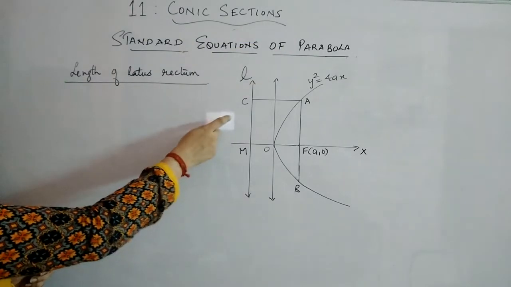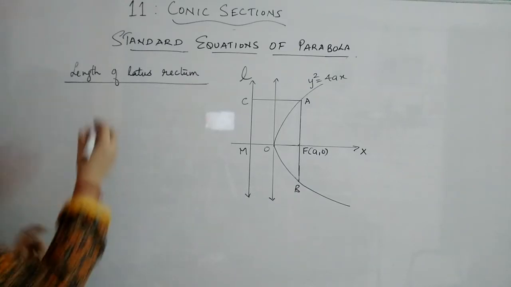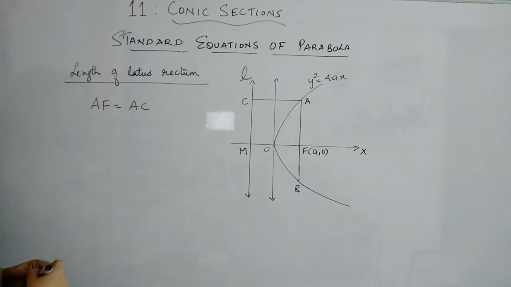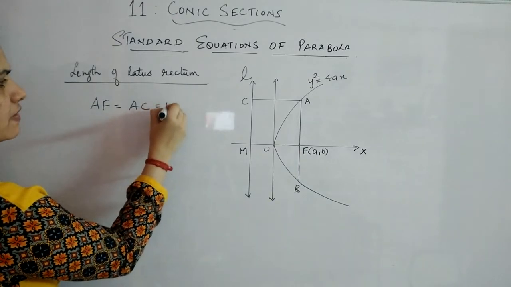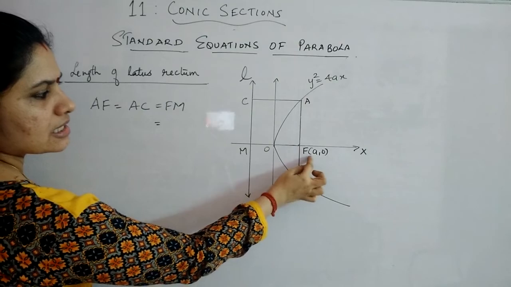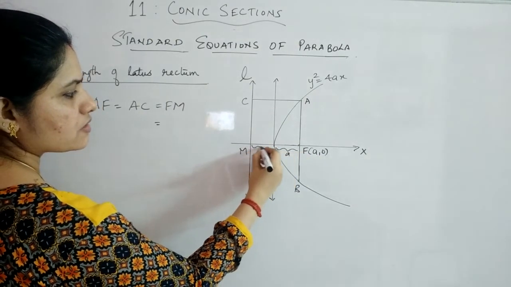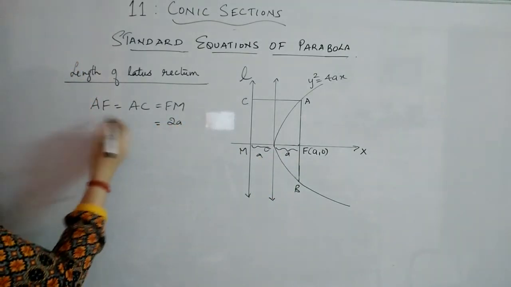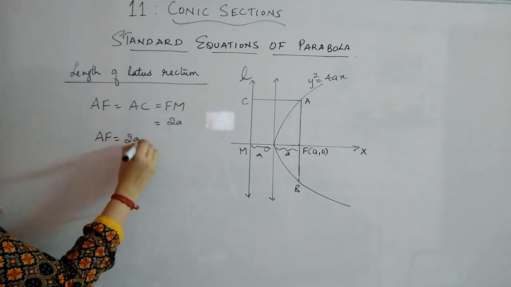So from here we can say that AC should be equal to AF. Now what about AC? AC will be the same as FM. Again, F is a comma 0, which means this much is a, and this much is also a, so FM is equal to 2a. That means you got AF, which is equal to AC, is equal to 2a.